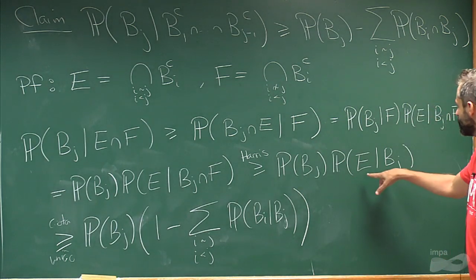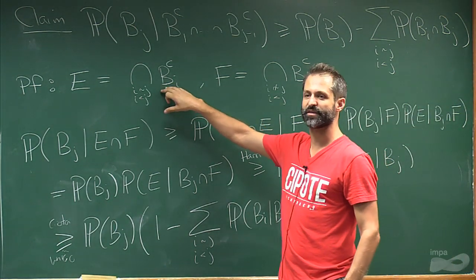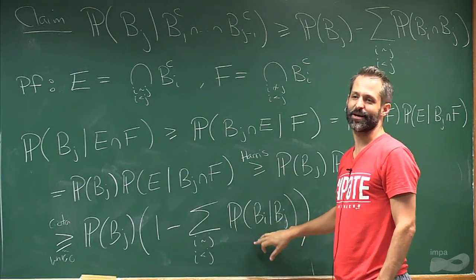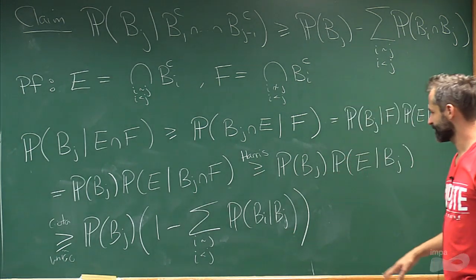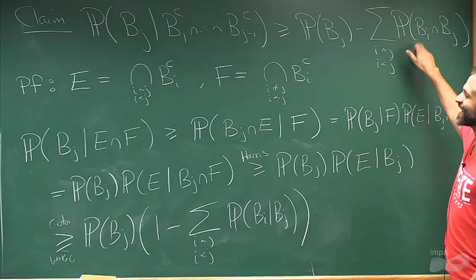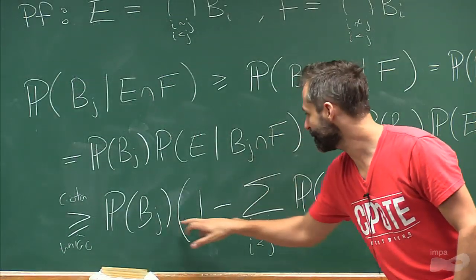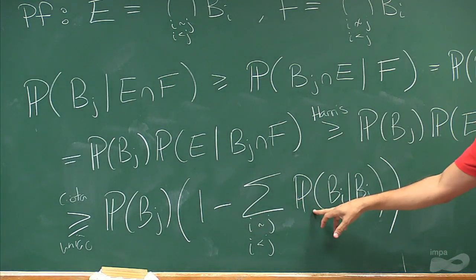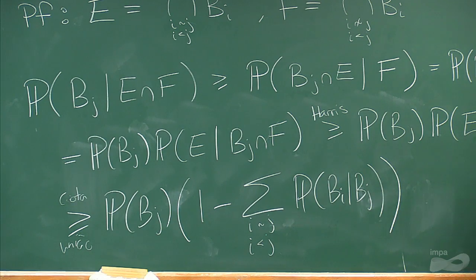I've bounded the probability that E fails to occur, as in at least one of these occurs, by the expected number that occur. So it's Markov. But now we're done, because this is exactly this. It's the probability of Bj minus, pulling this inside, the probability of Bi and Bj summed over the right thing.